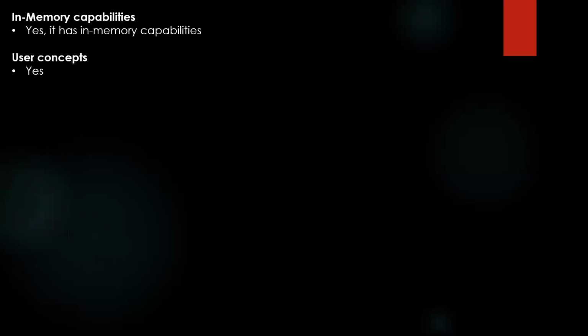Okay. And coming to the in-memory capability, yes, it has in-memory capabilities. That means when you are running any query, it is stored for some time in memory, that is nothing but cache. This is a main feature of GraknDB. And coming to the user concepts, yes, we have concepts here because it is translating concept level data, and it is connecting highly integrated concept level data to a semantic representation.